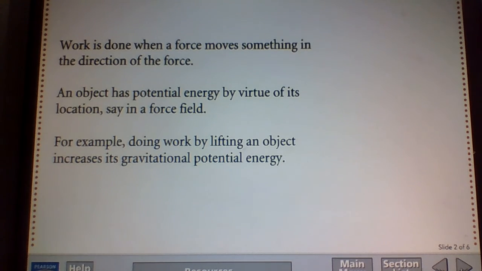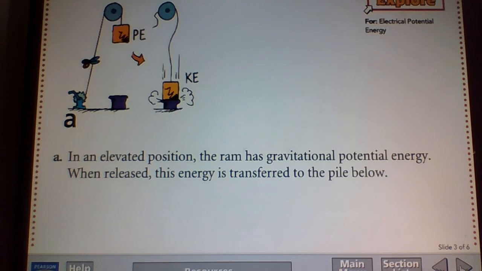So work is done when a force moves something in the direction of the force. An object has potential energy by virtue of its location, say somewhere inside of a force field. So for example, doing work by lifting an object increases its gravitational potential energy. We take the thing, we lift it up, gives it more potential energy.